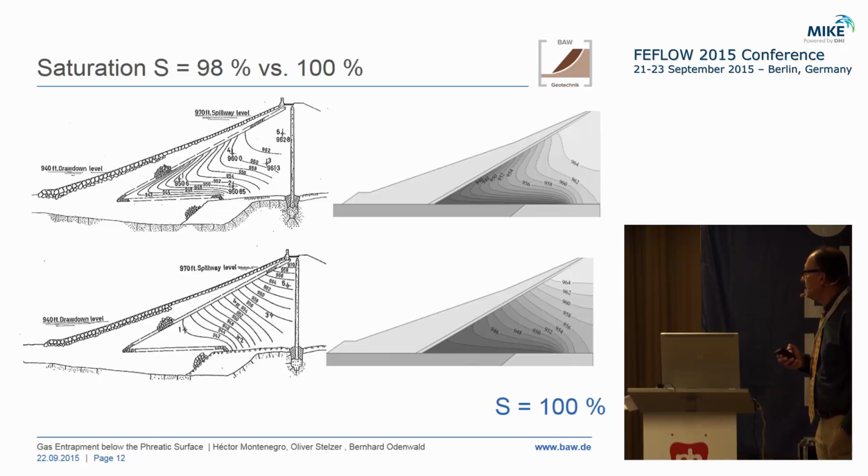We set this to 0.98, and with this we got almost the identical pressure distribution, head distribution, as Benton and Seppel did 50 years ago. However, if we do not consider this effect, we do not get this distribution. So this is quite a good indication that a very, very small amount of gas can be responsible for such banded lines of potential head.